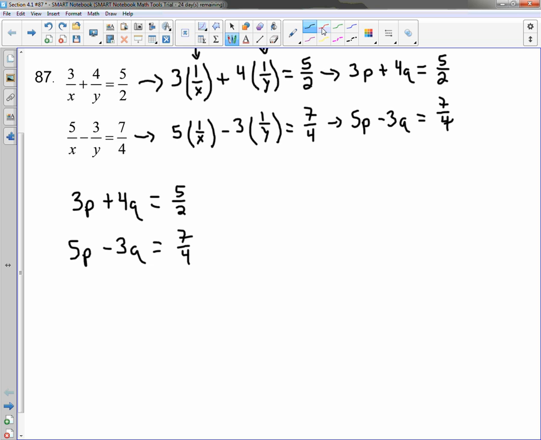What that requires me to do is try to get the same number, opposite sign in front of either the P or the Q by multiplying. I'm going to pick to work with the Q's just because they're already opposite signs. So one of the steps is already done for me.